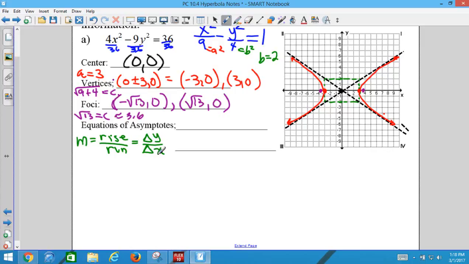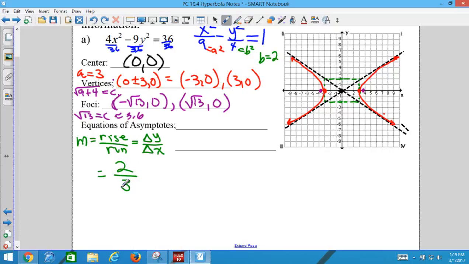So the change in y, when you look at the equation, it's either a or b, whatever's under the y. So when I look at my y squared and I see 4 underneath it, the change in y is just the square root of that, which is what number? 2. And then the change in x is whatever's under the x squared, the square root of that. So 3. Oh, I just wrote b, I meant to write 2.